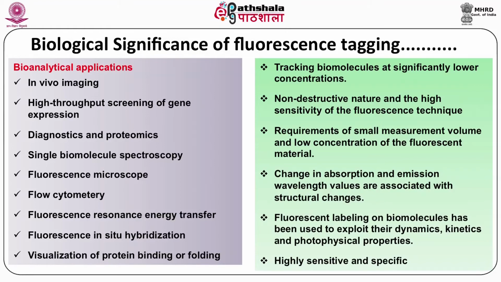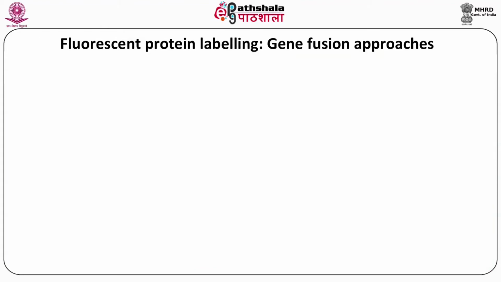So structure and dynamics of the cellular system can be monitored by the use of green fluorescent protein. Fluorescent labeling of biological molecules has been used to exploit their dynamics, kinetics and photophysical properties with high sensitivity and specificity. Here we talk about fluorescent protein labeling, especially the gene fusion approach.